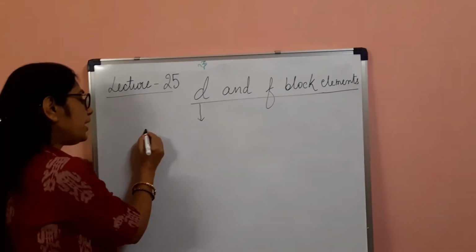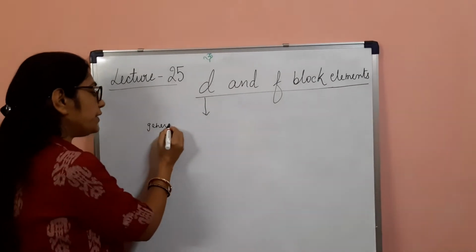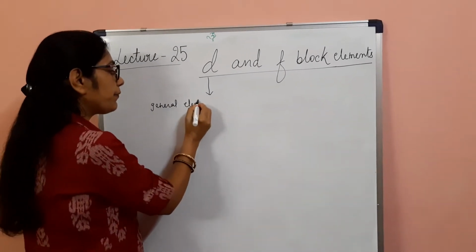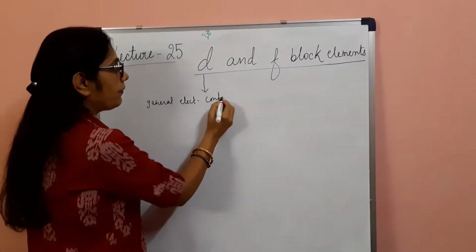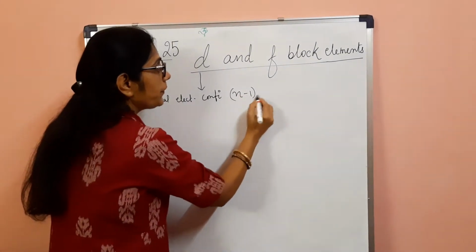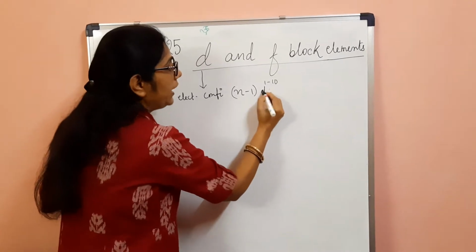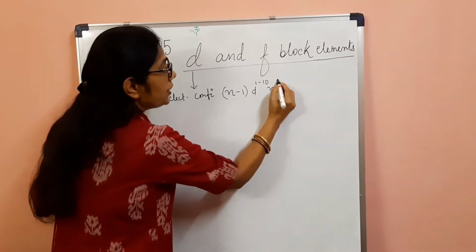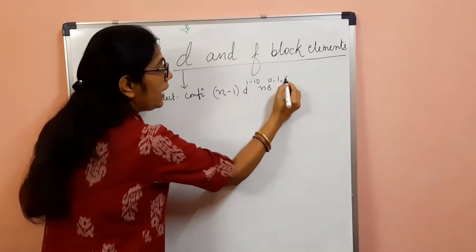So their general electronic configuration will be (n-1)d 1 to 10 and ns 0, 1 and 2.